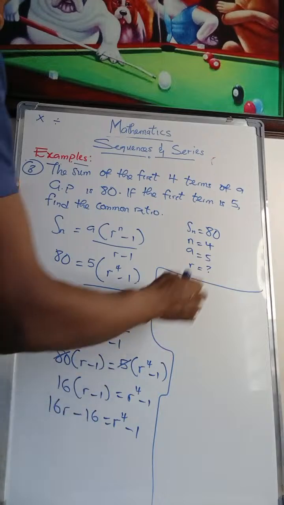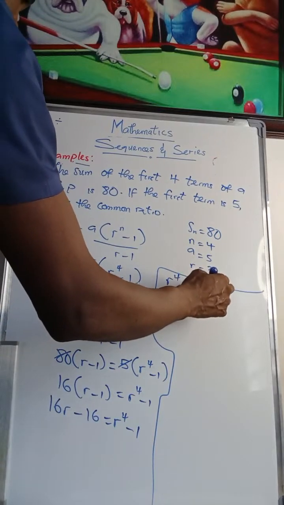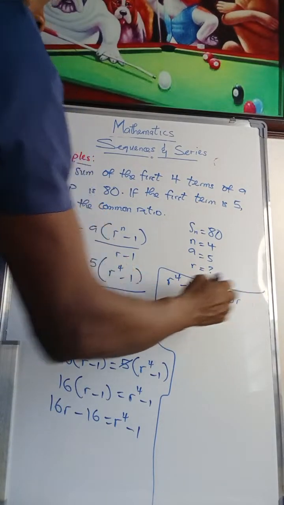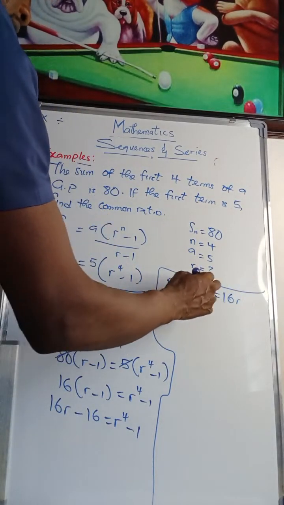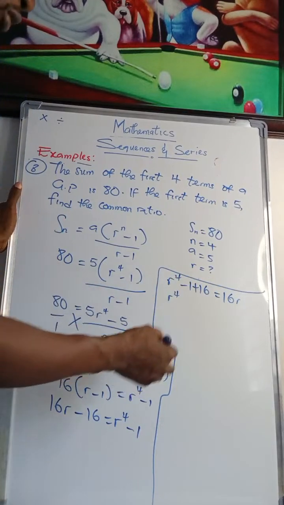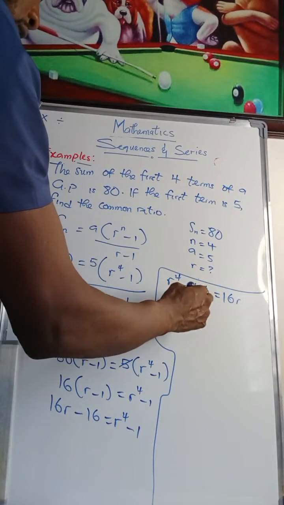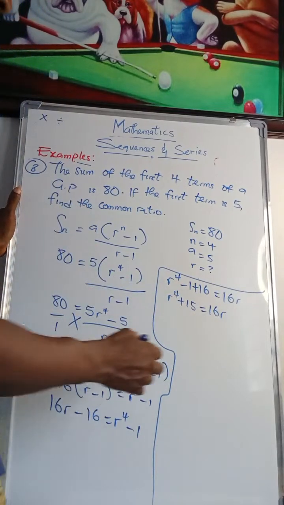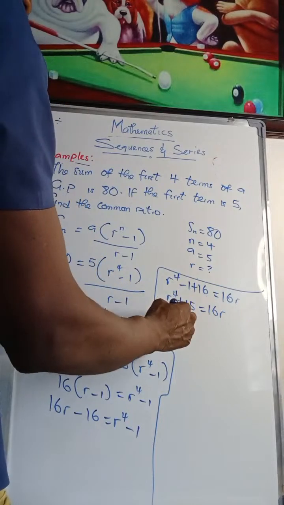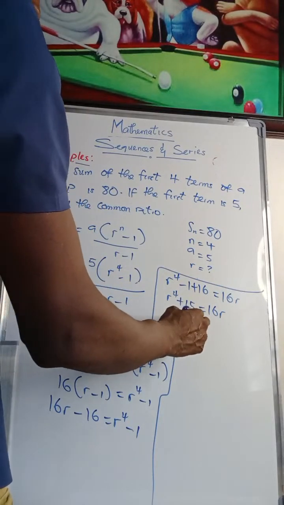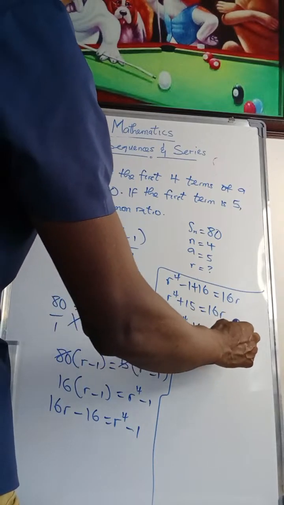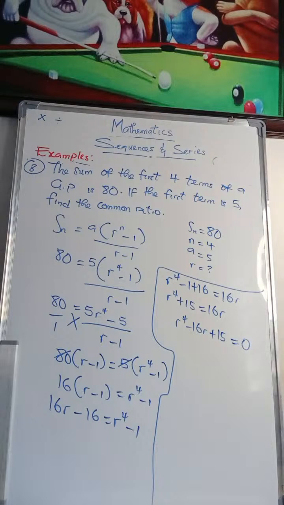If you bring this, it becomes plus 16, then equals to 16R here. So we have R raised to 4, minus 1 plus 16 will give us plus 15, equals to 16R. All right, so we bring this one here. We have R raised to 4 minus 16R plus 15 equals 0.